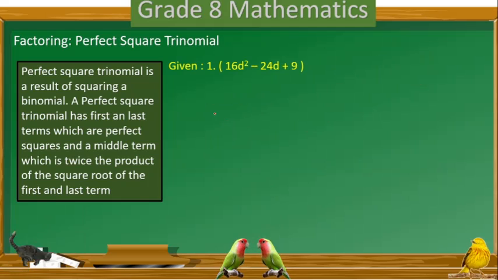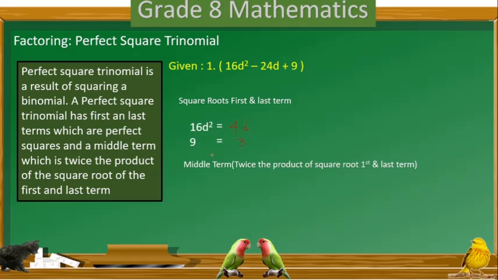Next, this one. The same procedure: find the square root of the first and last term. The first term is 16d squared and the last term is 9. So the square root of 16 is 4. The square root of d squared is d. The square root of 9 is 3. Then test if it is really a perfect square trinomial. First, we multiply the square roots of the first term and the last term.